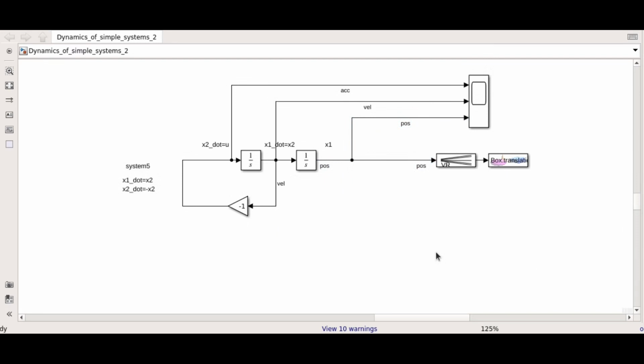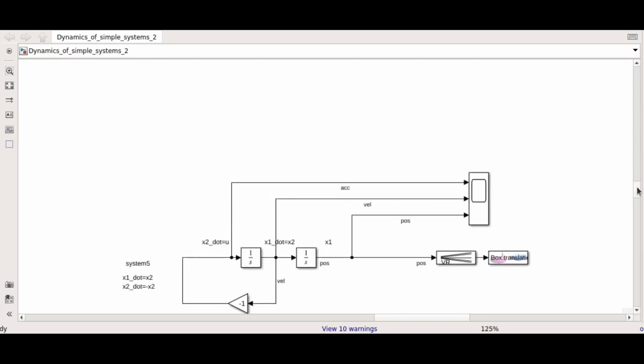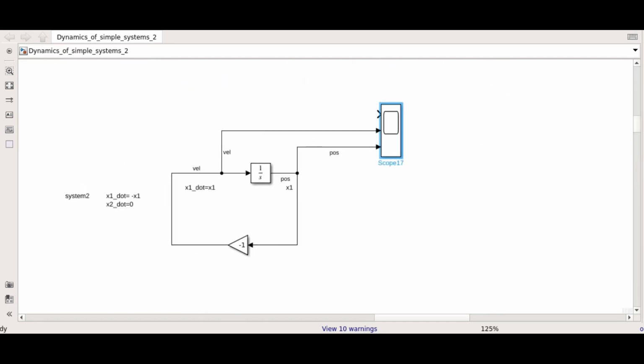Even in system 2, the corrective action was taken based on velocity, and negative of position was fed as velocity. Thus, both position and velocity met the objective.